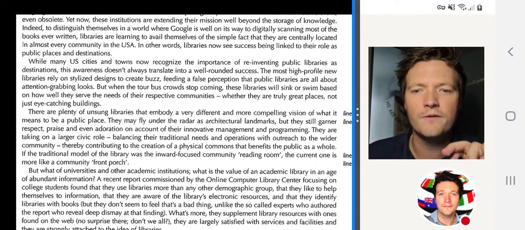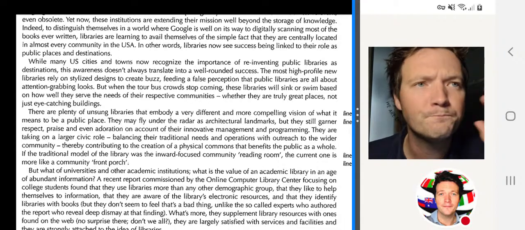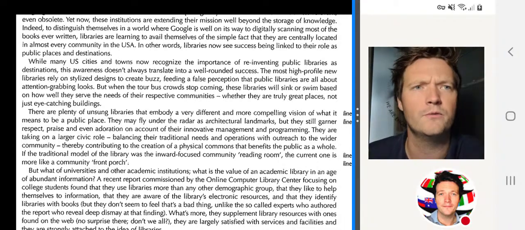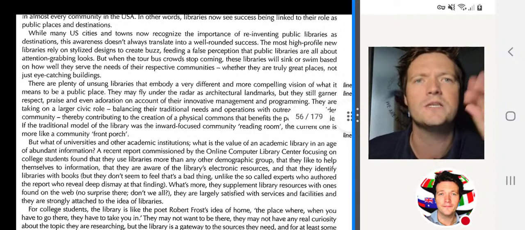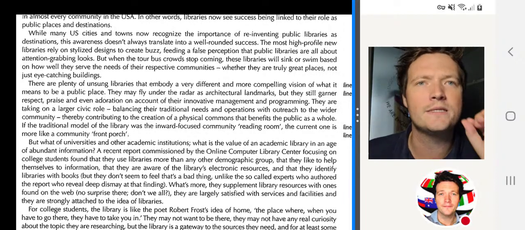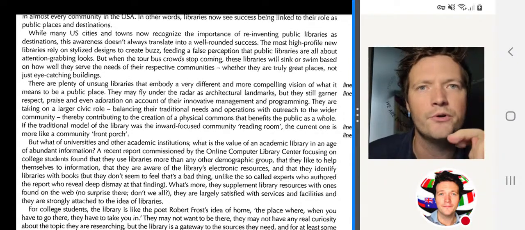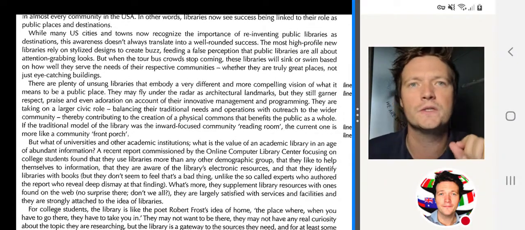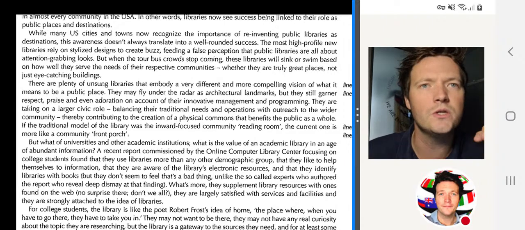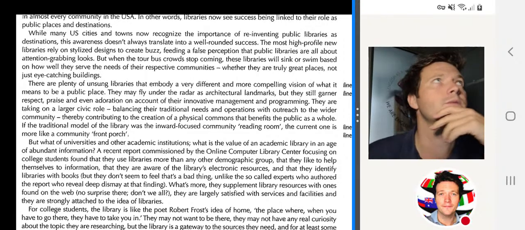So we're going to focus on the second paragraph now. What is the purpose that the writer has in this second paragraph? He says, while many US cities and towns now recognize the importance of reinventing public libraries as destinations, this awareness doesn't always translate into a well-rounded success.